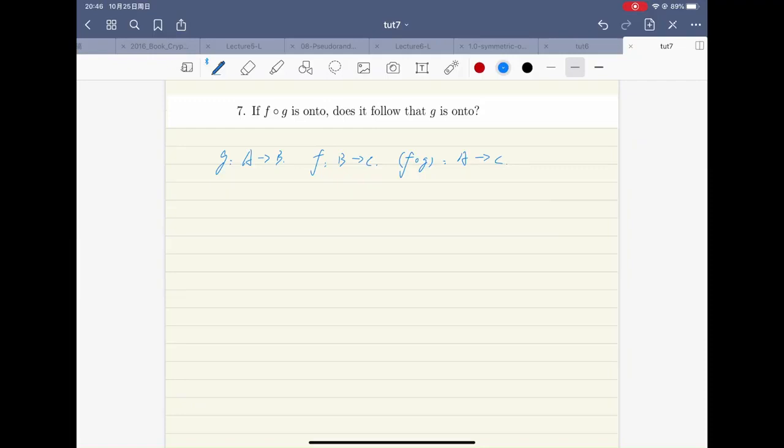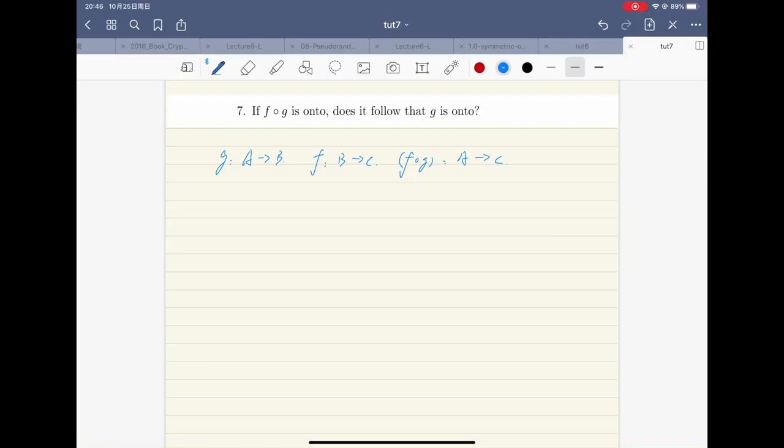What does that mean? That means for every element c in the codomain C, there exists at least one element a in the domain A such that f composite g(a) equals c.